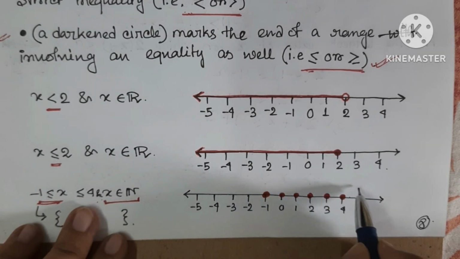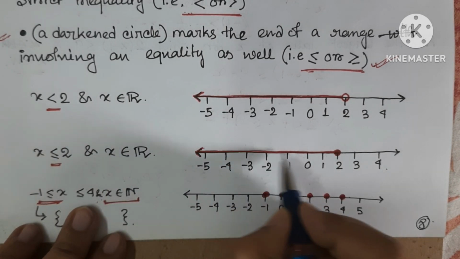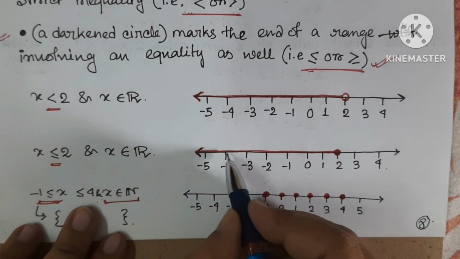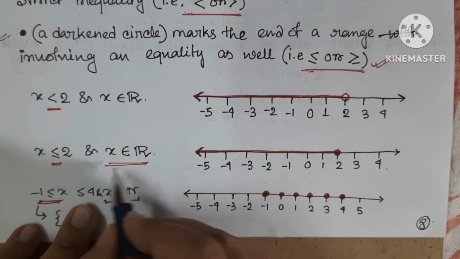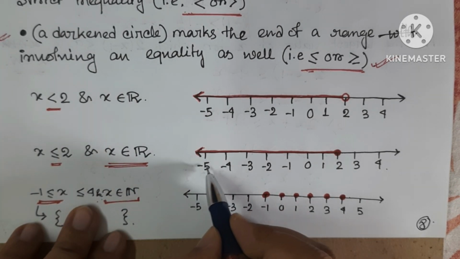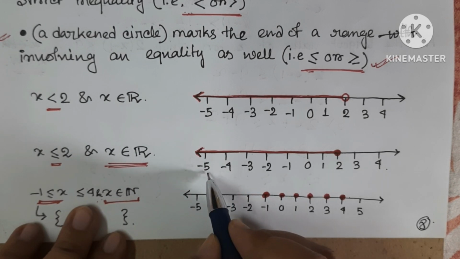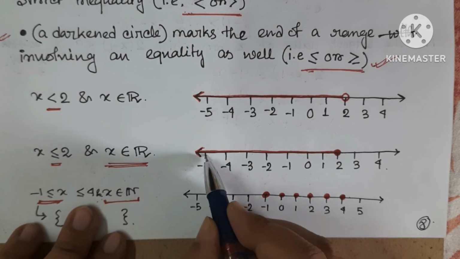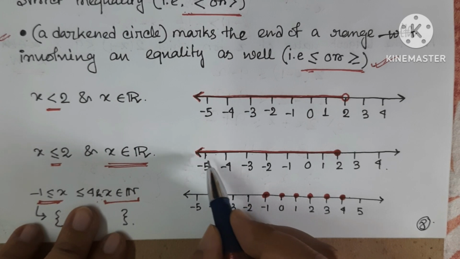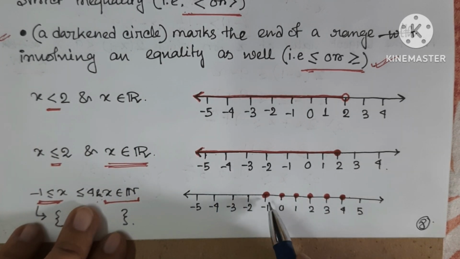You cannot draw this line, because I drew the line for R. So all the numbers between, say, minus 5 to minus 4, all the rational and irrational numbers, are included there. But in this case, you just include these numbers, like the natural numbers.